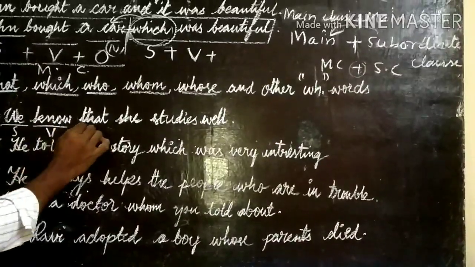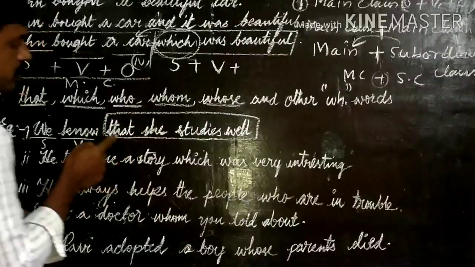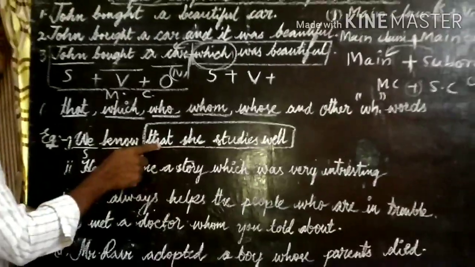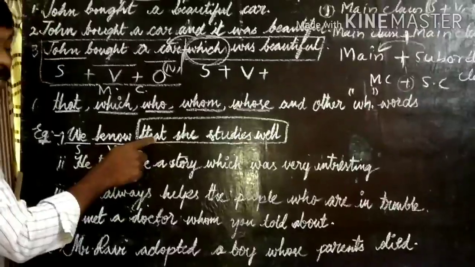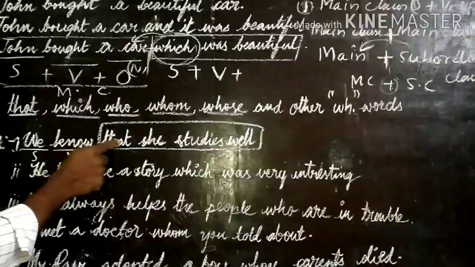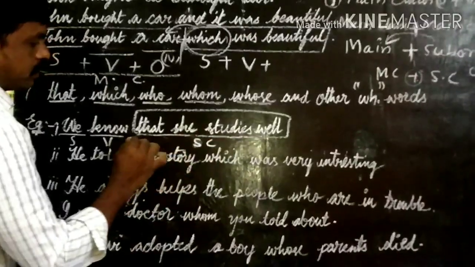"That she studies well" is a subordinate clause. It is made up of the relative pronoun "that," otherwise called a relative conjunction or subordinate conjunction. So, we know that she studies well. It is a subordinate clause.